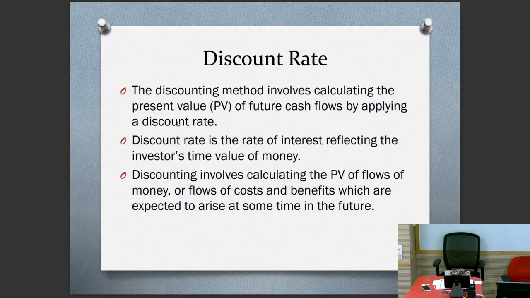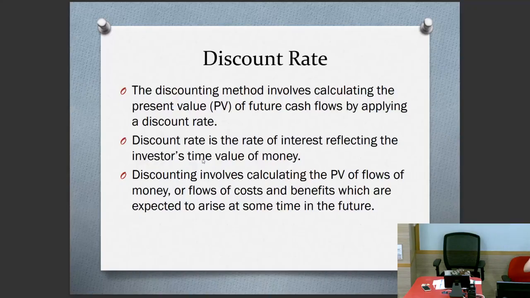But maybe for you, you like to invest in the stock market and you can earn a lot, then your discount factor would be higher than mine. So every individual, every organization will have their own discount factor. The discount rate or discount factor is the rate of interest reflecting the invested time value of money.